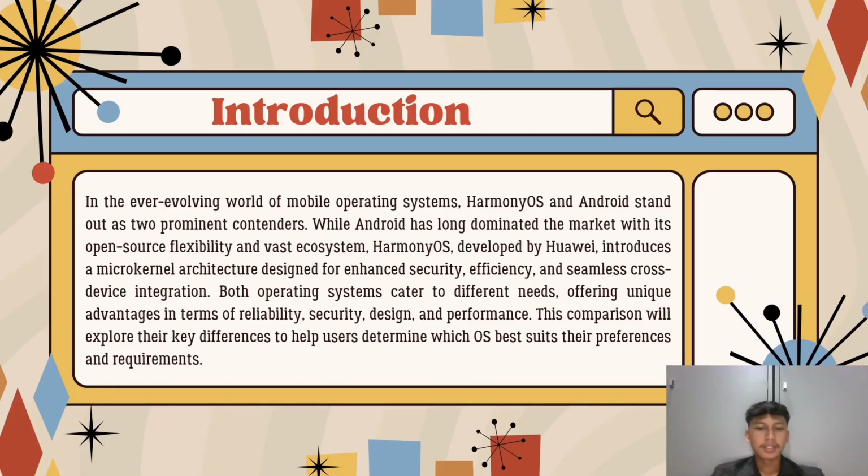Both operating systems cater to different needs, offering unique advantages in terms of reliability, security, design, and also performance. This comparison will explore their key differences to help users determine which OS best suits their preference and requirement.